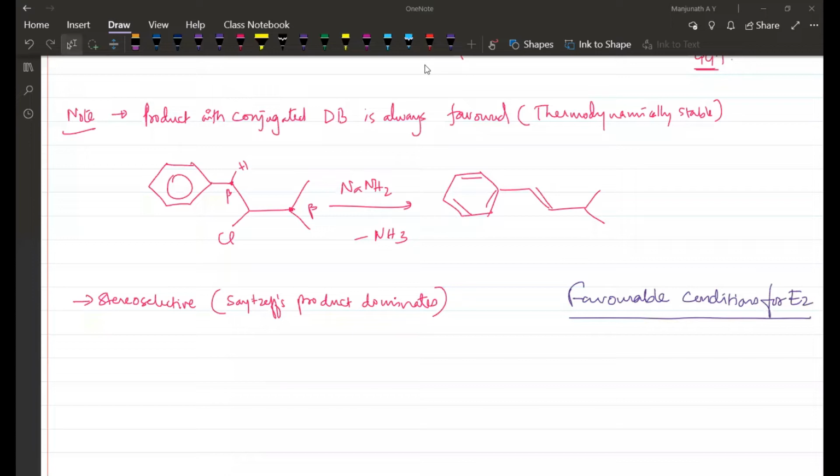Yes, Naman. High concentration of base. Okay, high concentration of base. So the first condition is important, that is high concentration of base. Then second, Naman.